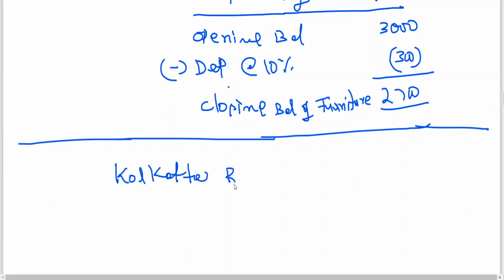We can also write like this: Kolkata branch account in the books of head office.